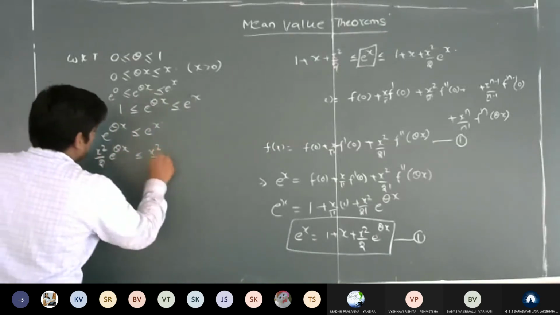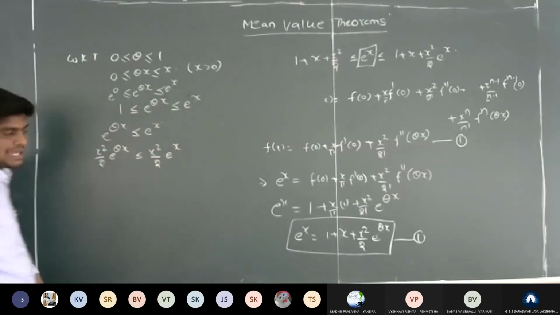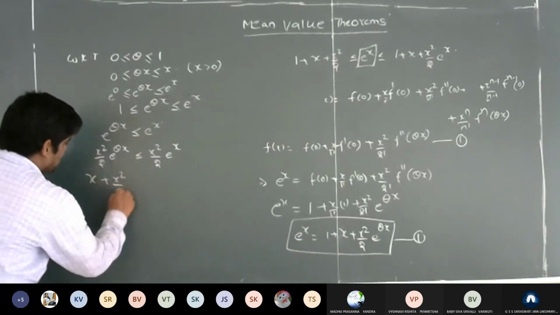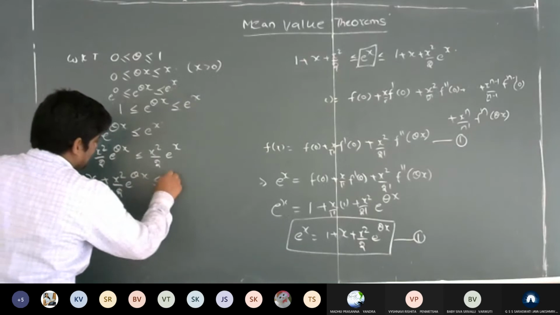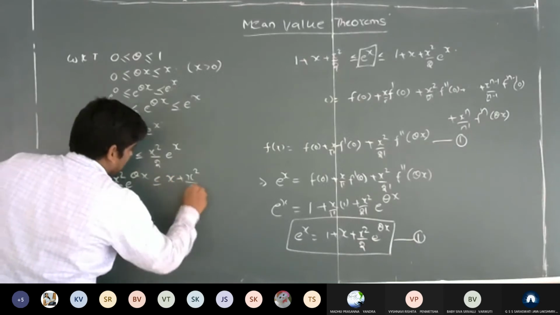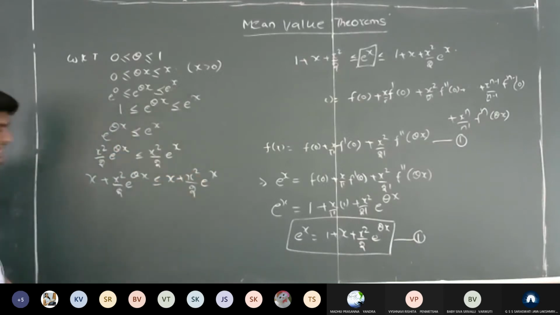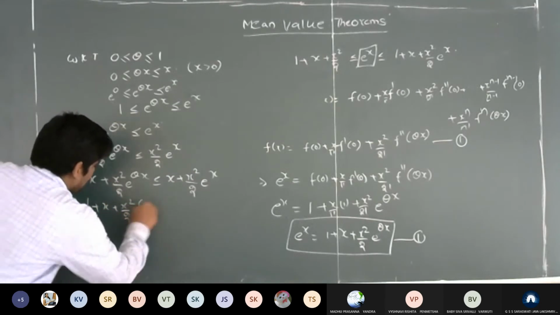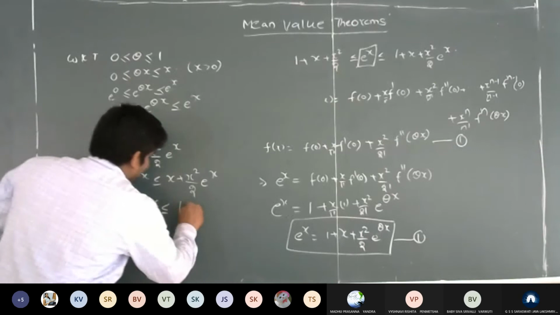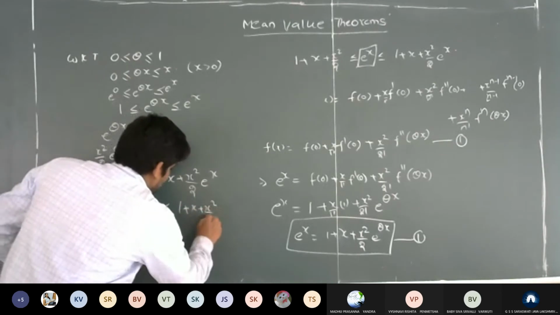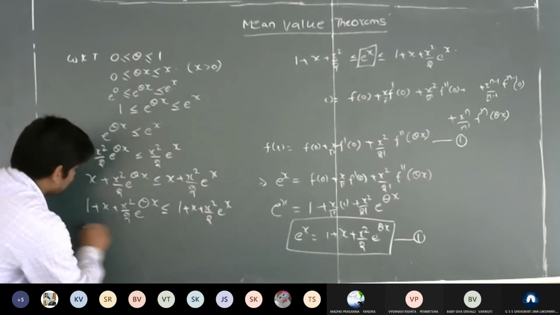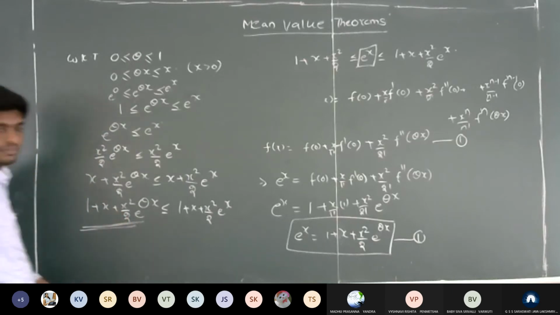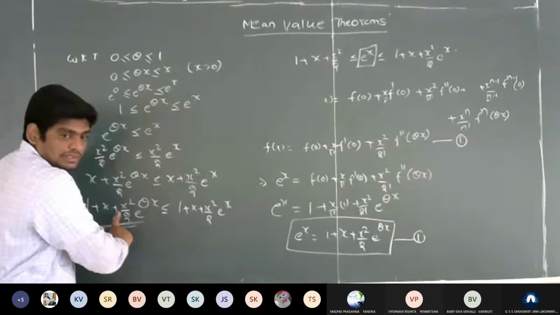So I multiply both sides with x square by 2, which gives x square by 2 e power theta x less than or equal to x square by 2 e power x. Next add x and 1: 1 plus x plus x square by 2 e power theta x is less than or equal to 1 plus x plus x square by 2 into e power x. So what is it? It is nothing but what?